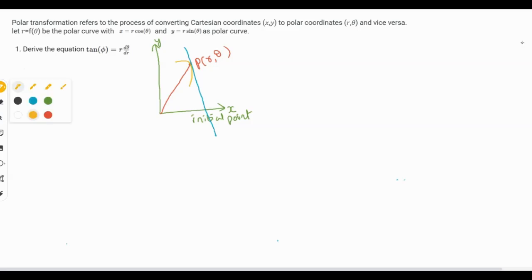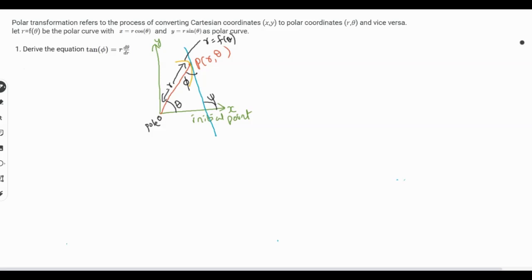So this angle is called phi, this angle is called psi, this angle is called theta, and this is called the pole, the origin. So this will be the angle formed by the radius vector. r is called the radius vector, and this curve is r equals f of theta.